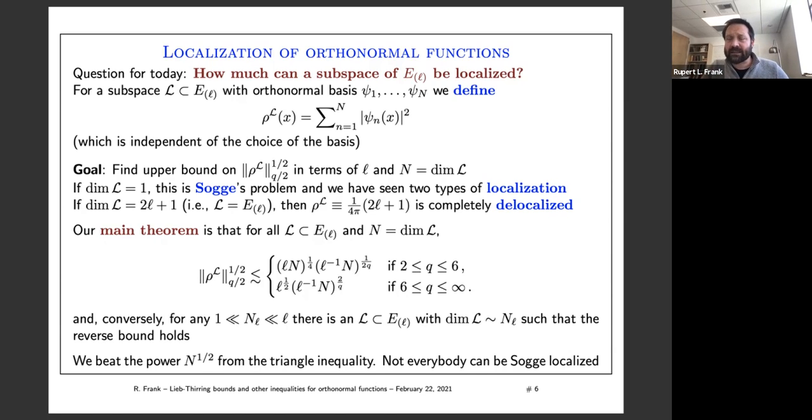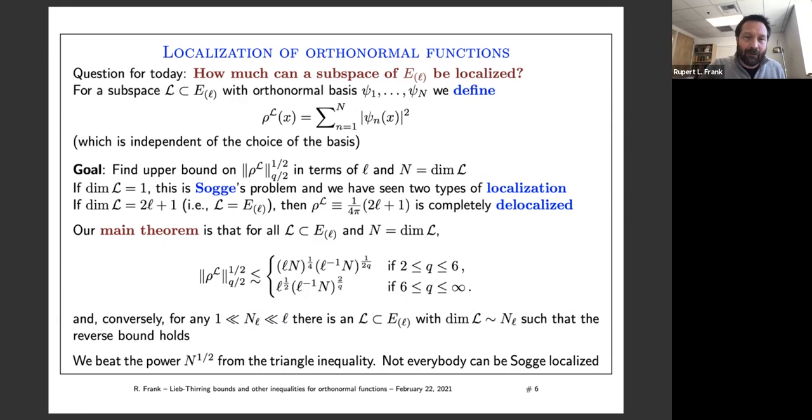And our theorem says the powers that we see there are optimal, and optimal in a very, very strong sense. No matter what dimension you give me, give me a sequence N_L. I only ask that the sequence should go to infinity, because if it's bounded, then I just take the functions of Sogge. I also require that it goes to infinity slower than L, which is clear because otherwise we're in this completely delocalized regime that I described before.